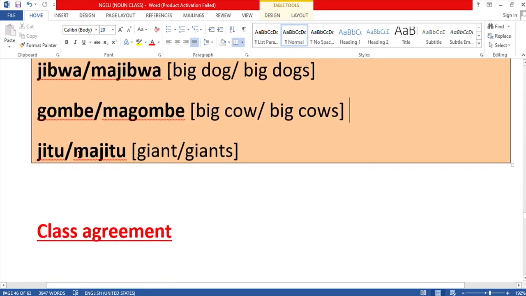So we have here jitu, majitu. Now this jitu, this giant, the normal word is mtu, and the plural for mtu is watu. So when someone is very big, you can say jitu.